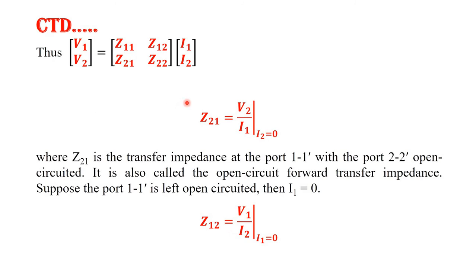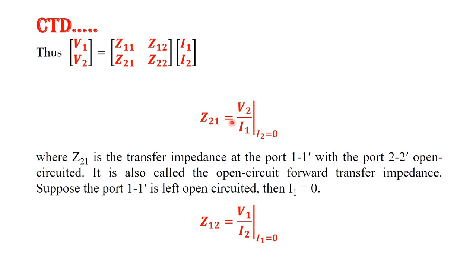And next I am going to explain Z21. Z21 is the transfer impedance at port 2 with port 1 open circuited... Z21 is the transfer impedance from port 1 with port 2 open circuited. It is also called the open circuit forward transfer impedance. Suppose port 1 is left open circuited, then I1 equal to 0.